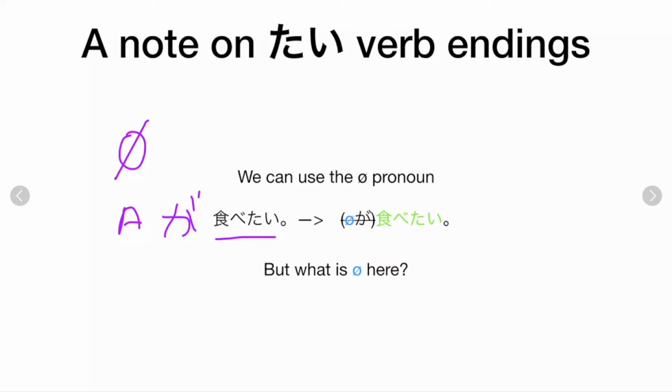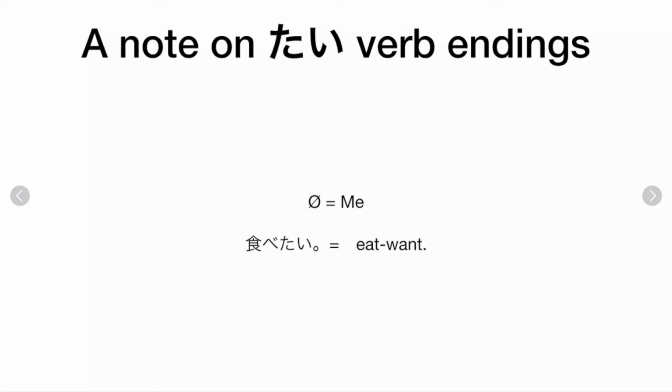But what is zero, right? We saw keiki o tabetai is cake is a cake eat want, right? But what is zero? Zero is me. By default, if you see zero and you don't have any reason to believe it could be anything else, assume zero is a first person pronoun. So, watashi ga tabetai.